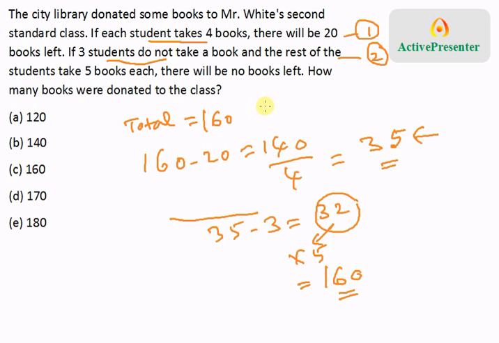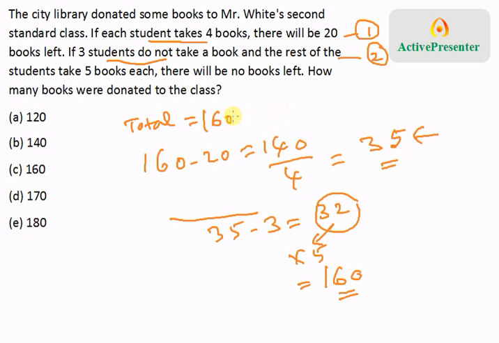Let me just go through this one more time. The idea is we are substituting the answer choices into the question and then seeing if the answer choice consistently holds up to multiple conditions.